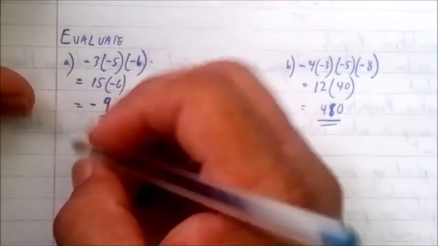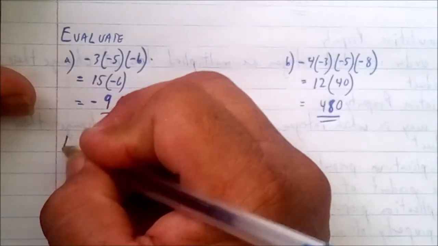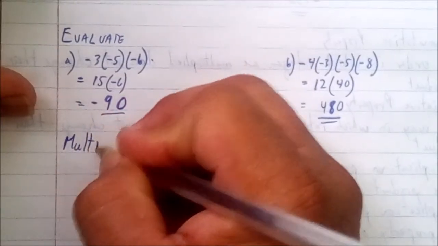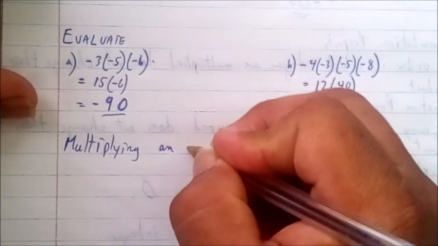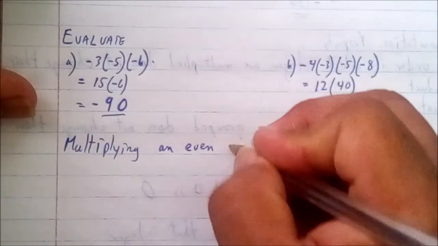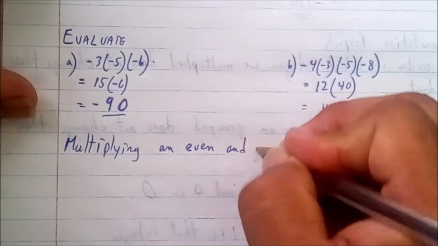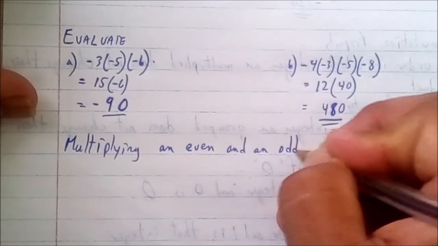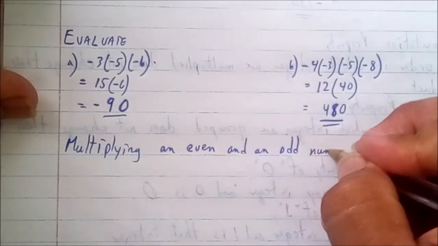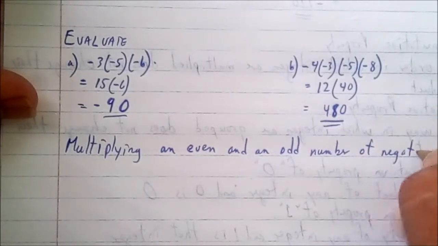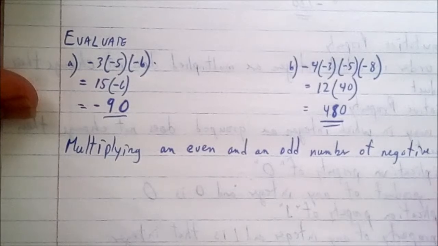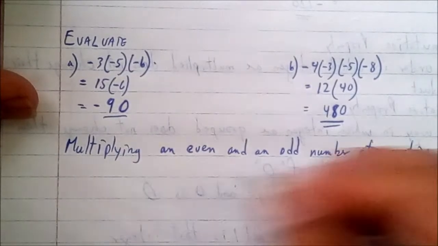So let me write observations from this: multiplying an even and an odd number of negative integers. This is what we're going to do.